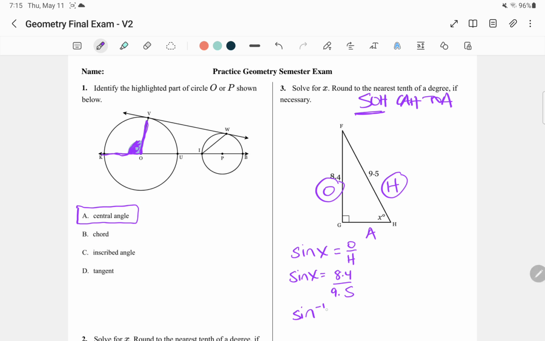So sine inverse, and that means we're going to put 8.4 over 9.5 where x was, and we're going to put x where that ratio was, and I can just put this in the calculator. So inverse sine, 8.4 divided by 9.5, hit equals, and I get 62.1 to the nearest tenth of a degree. So it's 62.15, and that 5 means we go up to 62.2.